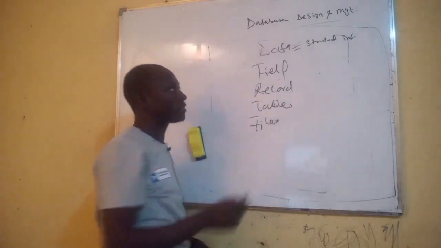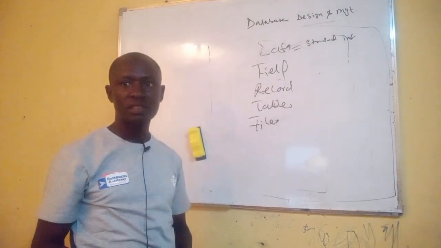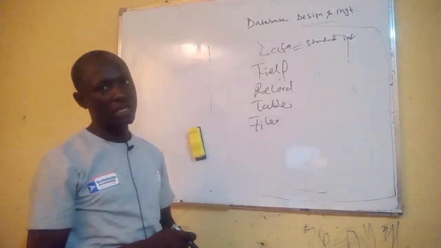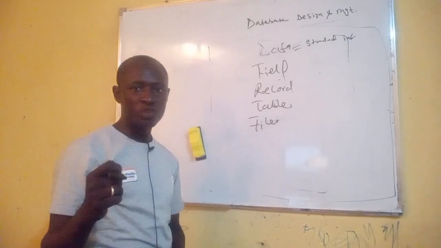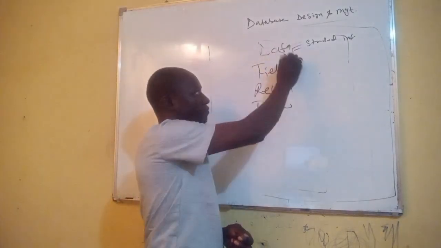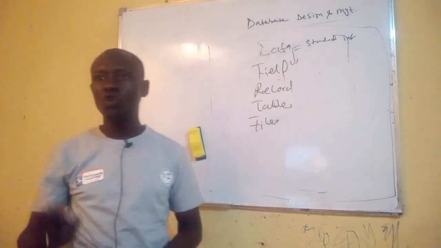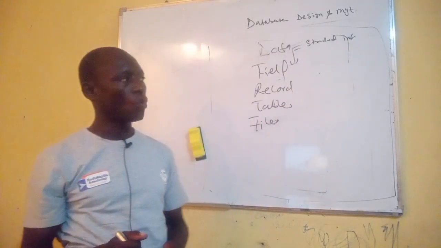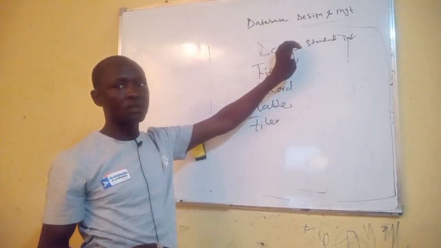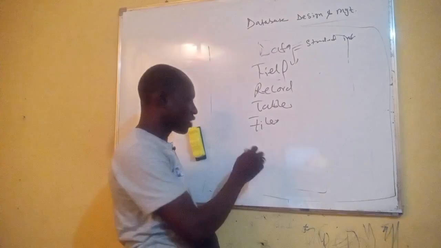When we talk about fields, we are talking about the place that we use to store those data. Are we together? When we talk about the record, we are talking about the logical connections that we set in these fields describing the entity.